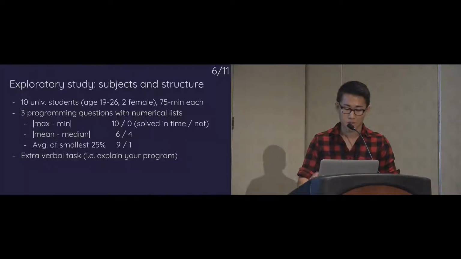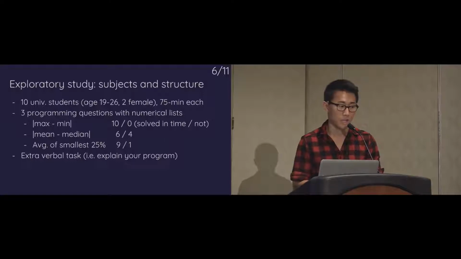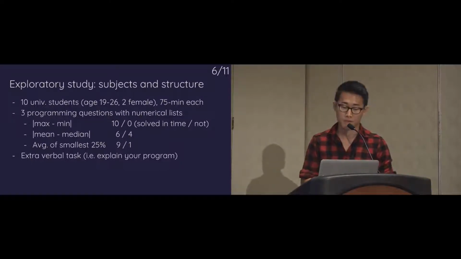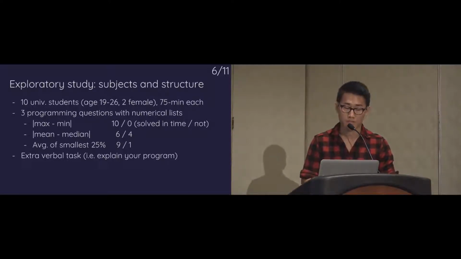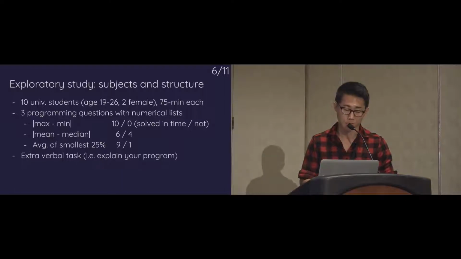So to evaluate, we recruited 10 university students, each with a 75-minute session. We introduced Omnicode and demonstrated its features for the first 15 minutes, then let students solve 3 programming problems involving numerical lists in Python. And finally, we debriefed their experience with Omnicode in the last 15 minutes.